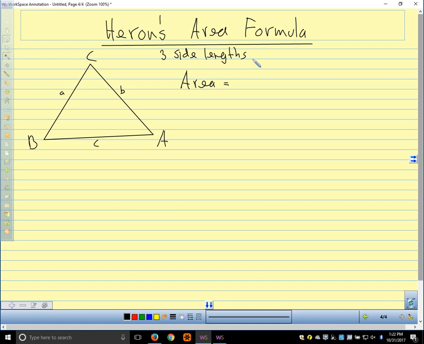So what we would have to do to find the area of this thing is find the height.